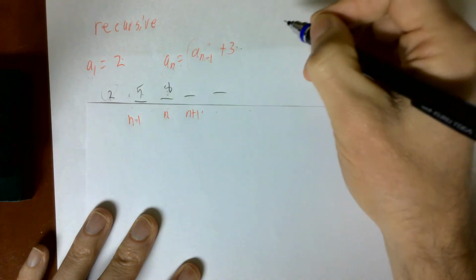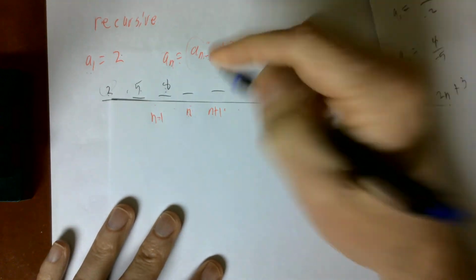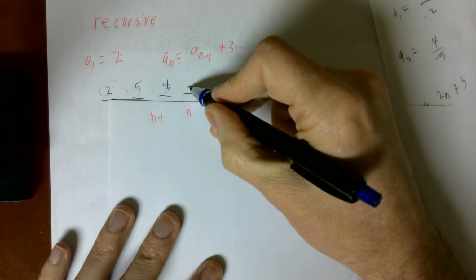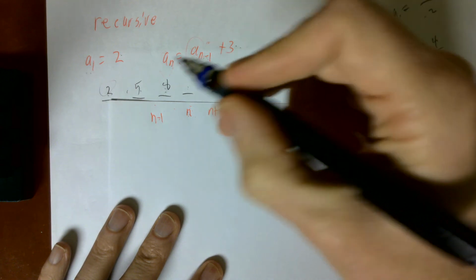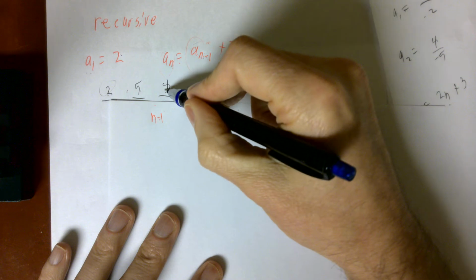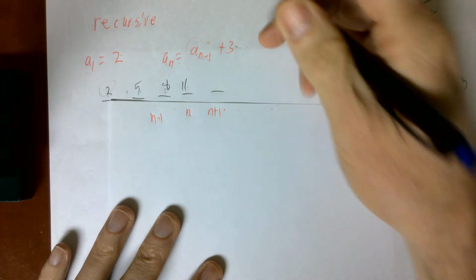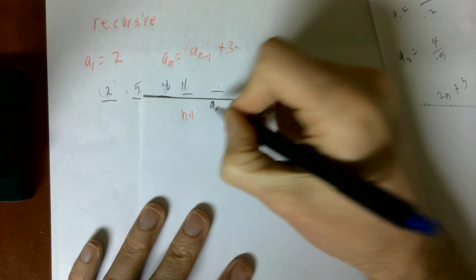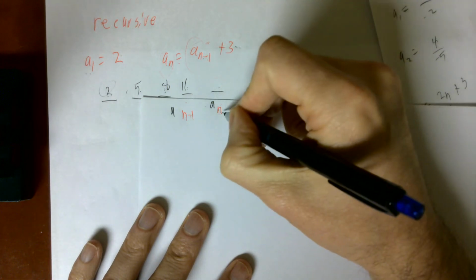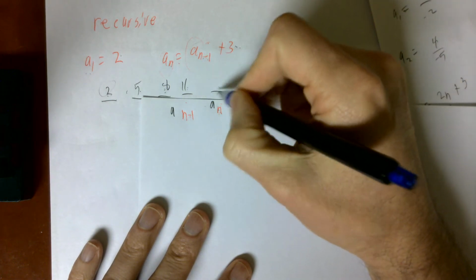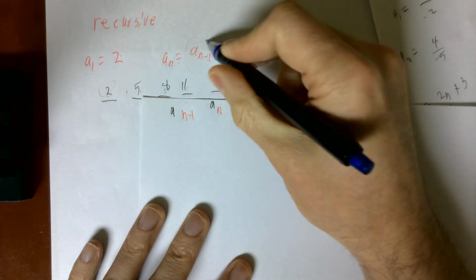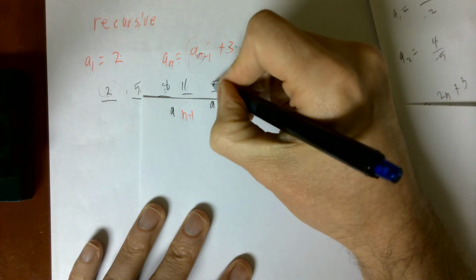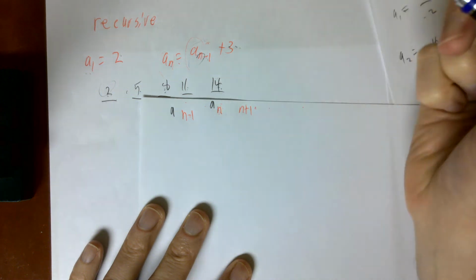So that gives me an 8. If I want to know the value of this position, that's equal to the previous position plus 3, which gives me 11. This is a sub n minus 1, and this is a sub n. So the value of this position is the previous position plus 3, which gives me 14.